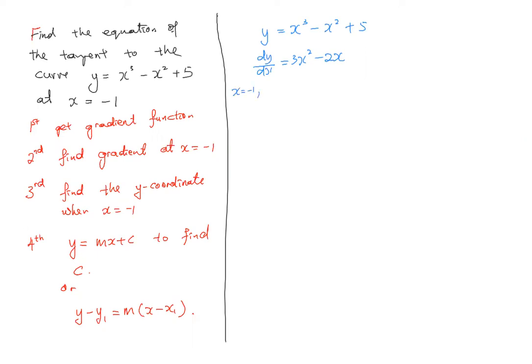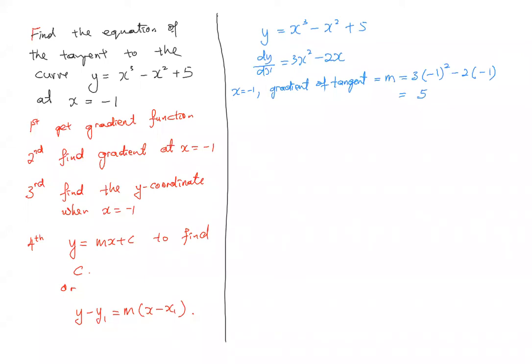So if you want to make yourself know that that is a gradient of a tangent, you can write the words gradient of tangent. If you are a word person, you better write it. If you are not a word person, then you can just write m equal to, or dy dx also can, because your mind can interpret. So -1 square minus 2 times -1. Okay, Javashini, what is the answer? 5. Okay, thank you.